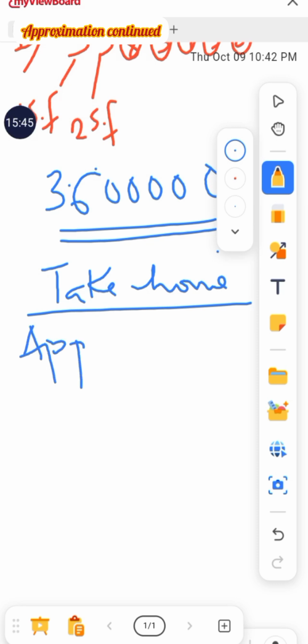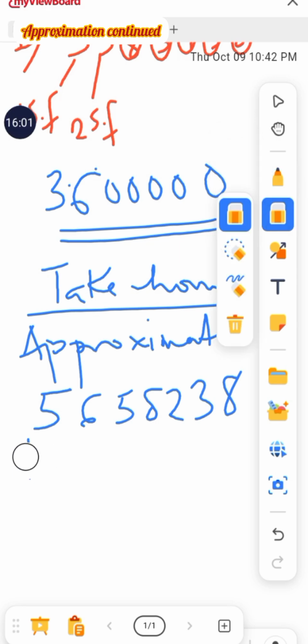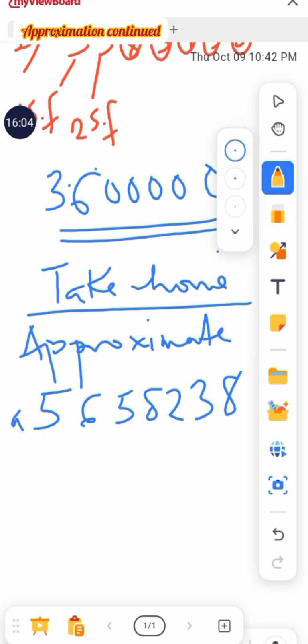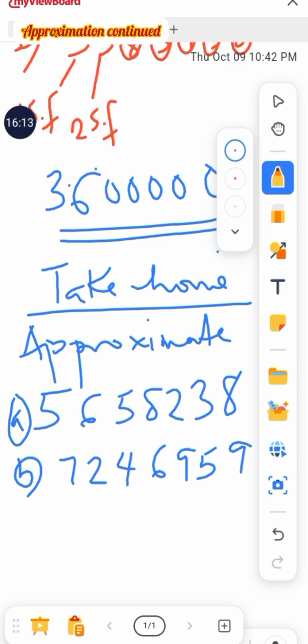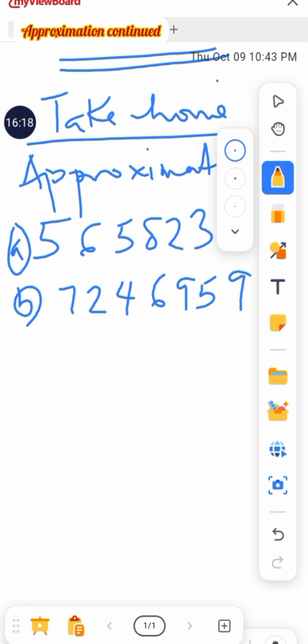Approximate 5658238. So we are going to do this number. This is the first number, A, B, then the second number, 7246958. Yes, approximate these two numbers under the following headings. Under these headings, I call it number 1, nearest tens.